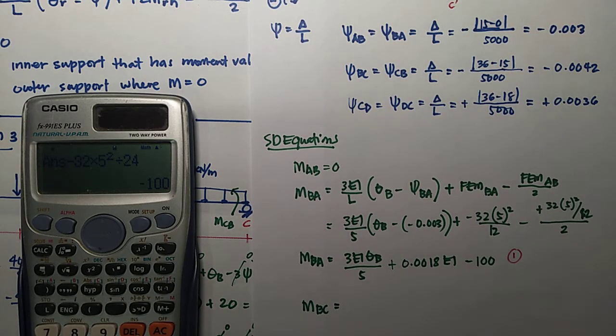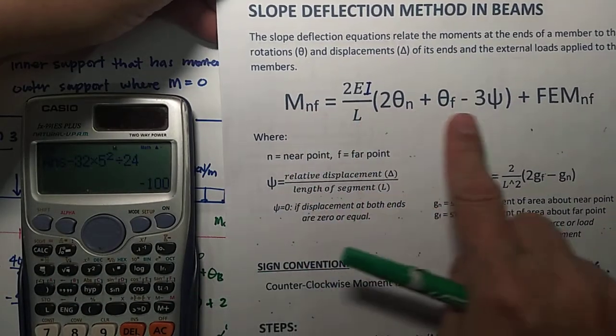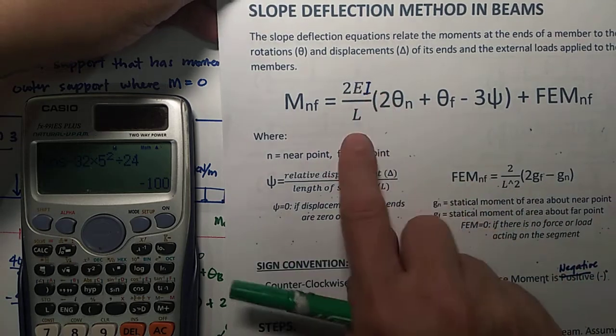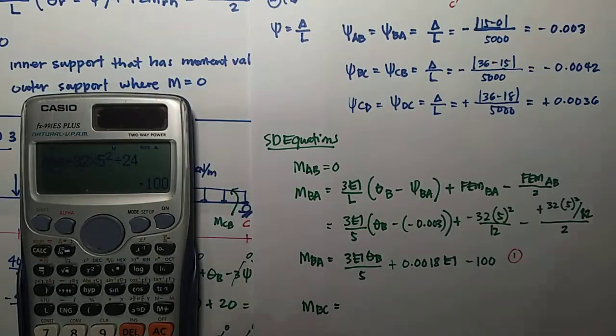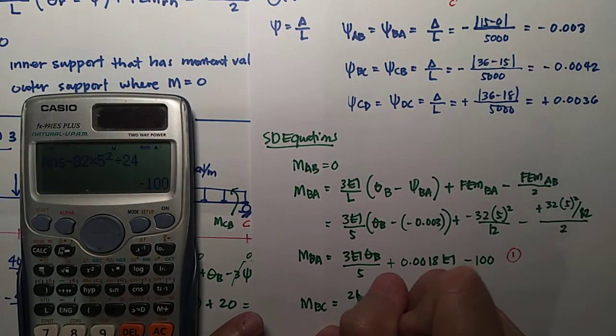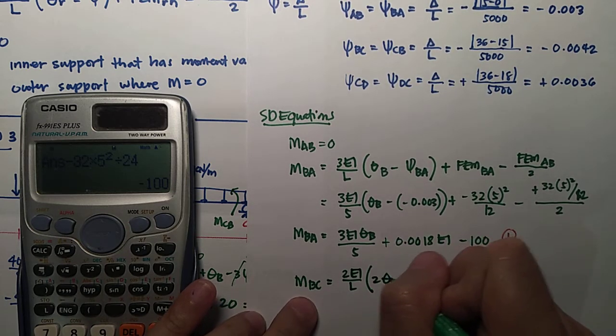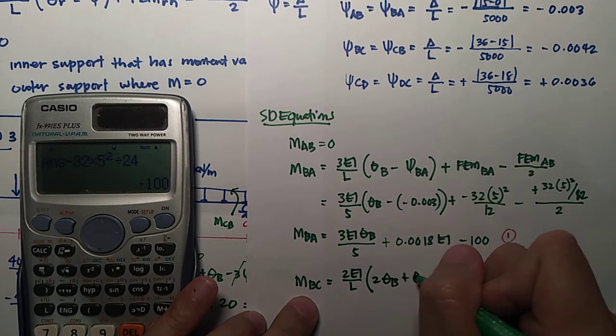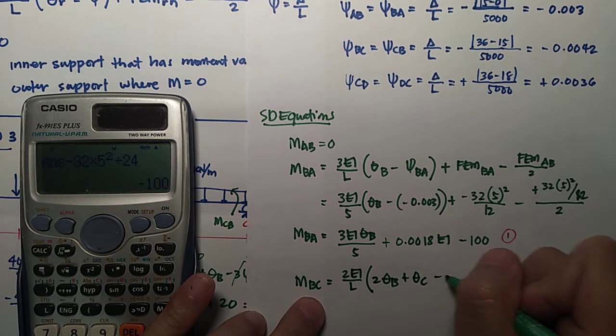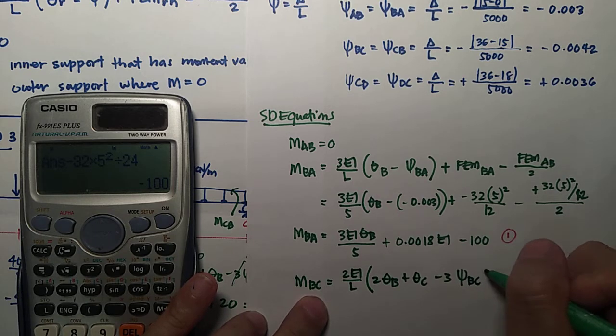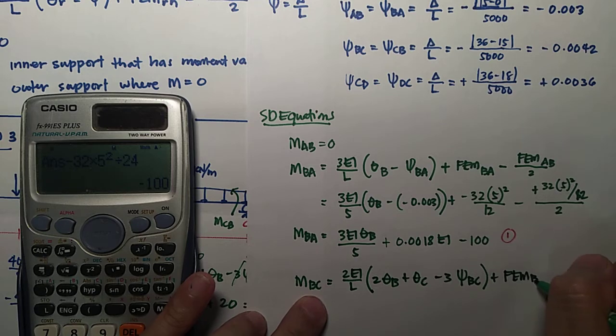No, so yung this one, no, so yung 2EI over L. So that would be 2EI over L times dalawang theta B, isang theta C, okay, minus 3 psi ng BC plus yung FEM ng BC.